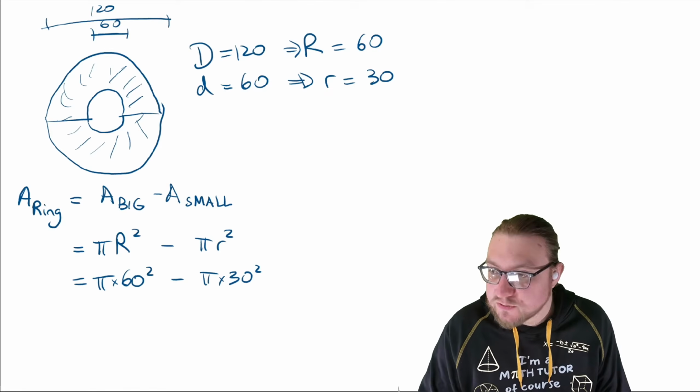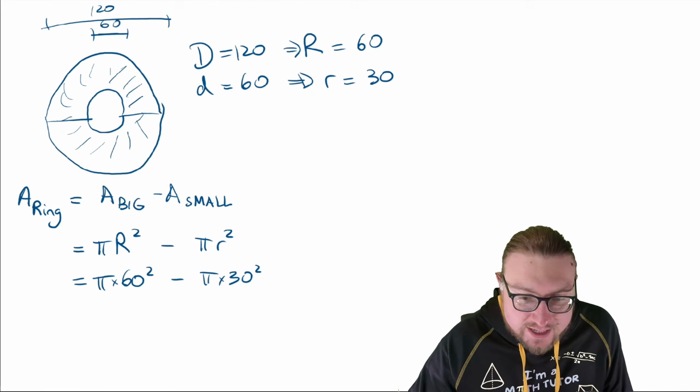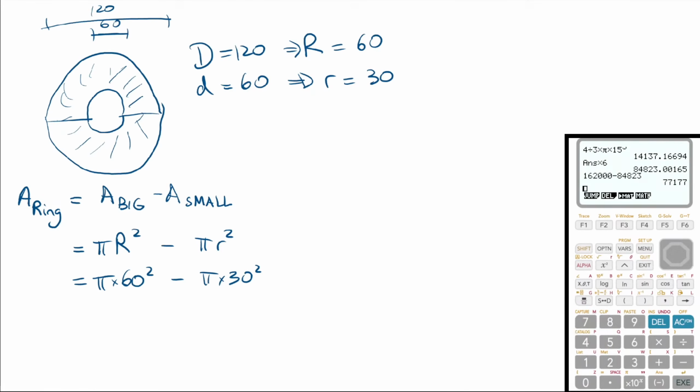There we go. And we're going to get ourselves a calculator and just chuck those values in and we can figure out the answer all together. So shift pi, and then we're going to do times 60, and I'm too lazy to do a squared, so I'm just going to do this, and then minus pi again, times 30 times 30.